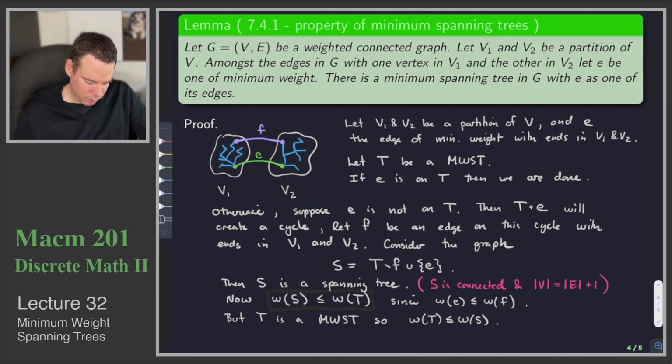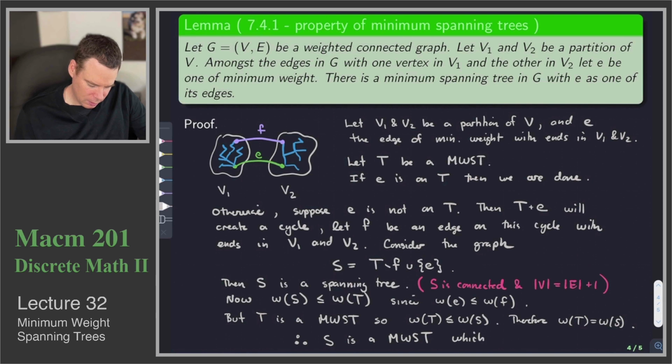The weight of S is less than or equal to the weight of T, but the weight of T is less than or equal to the weight of S. And so therefore, we have that the weight of T is equal to the weight of S. And if T is the minimum weight spanning tree, so is a spanning tree that has smallest weight, well, S has the same weight, so it must also be a minimum weight spanning tree. So therefore, S is a minimum weight spanning tree which contains E. And so we're done. We found a minimum weight spanning tree that contains the edge E.